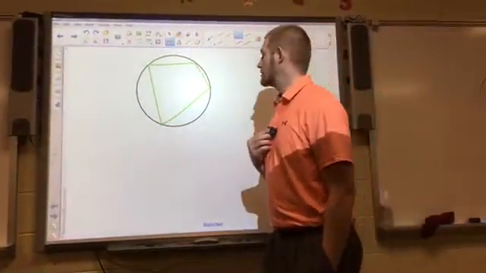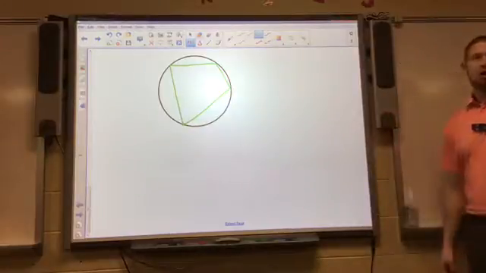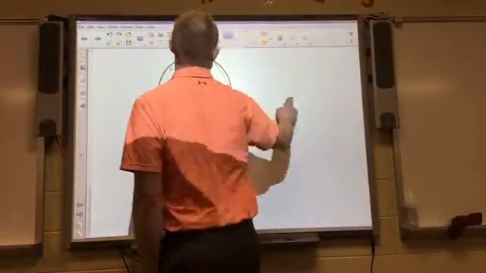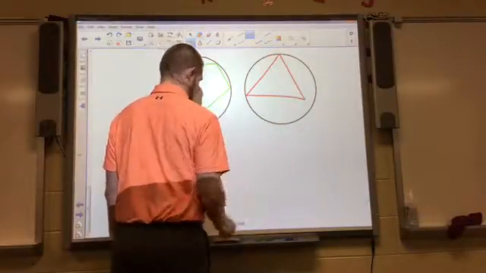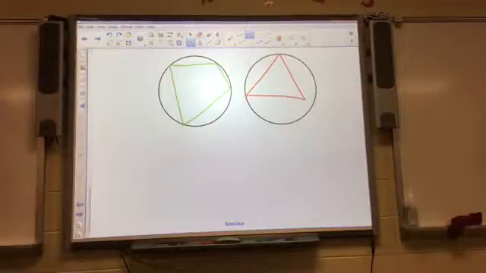That polygon is said to be inscribed inside the circle. Notice it's inside, right? Now, it also has to have every vertex touching the edge of the circle. So if I were to draw another circle over here and draw this diagram in here, is that triangle inscribed in the circle? No, because not all vertices touch.